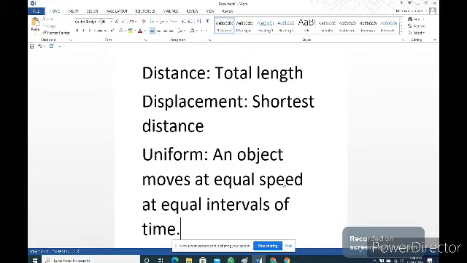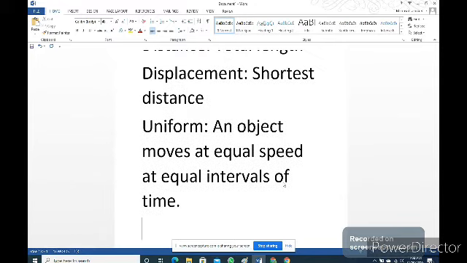Now non-uniform. Now let's learn what acceleration is. Acceleration is the rate of change of velocity. So before knowing acceleration, let's know what velocity is. Velocity is related to speed, but it is a vector quantity.